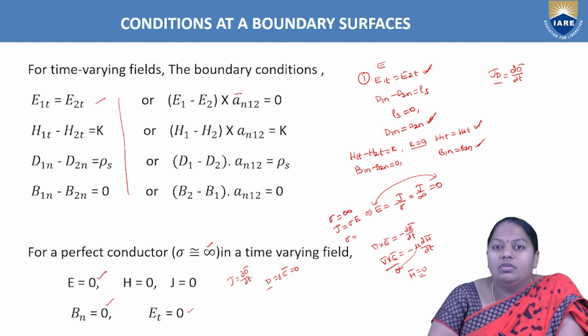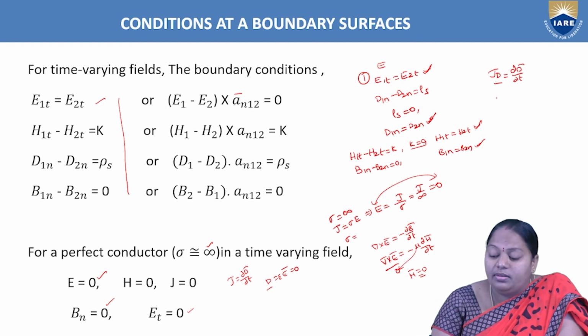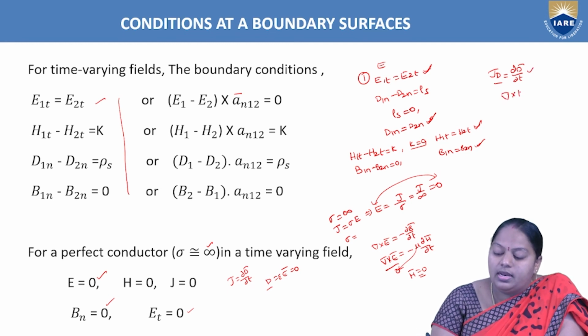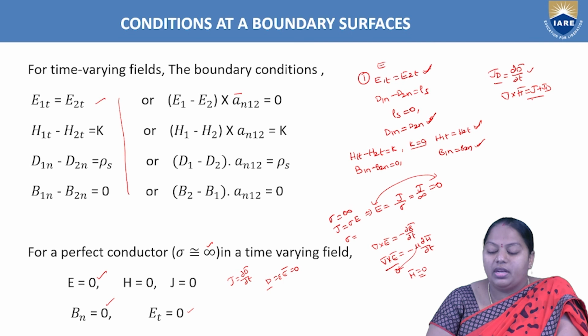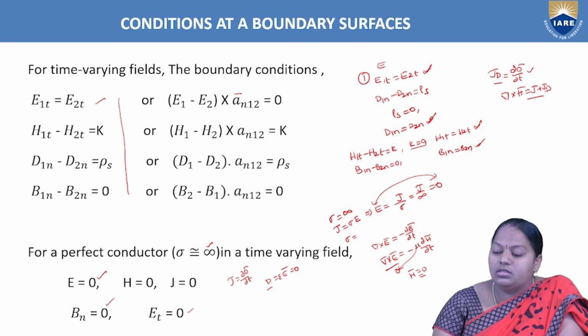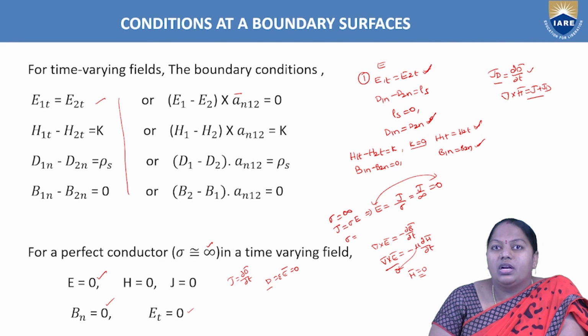We also learned about the inconsistency of Ampere's Circuital Law, which is resolved by adding JD, giving del cross H bar equal to J plus JD. This is called the modified form of Ampere's Circuital Law, or simply Ampere's Law for time varying fields. After that, we discussed the finalized forms of the equations for electromagnetic waves or time varying fields. Then we learned the different boundary conditions to be evaluated in the case of time varying fields or electromagnetic fields.